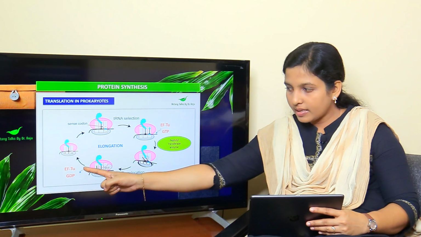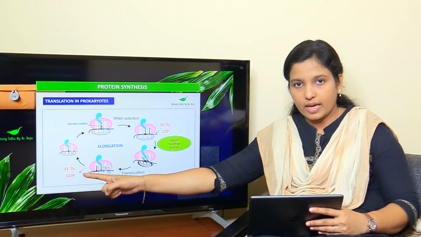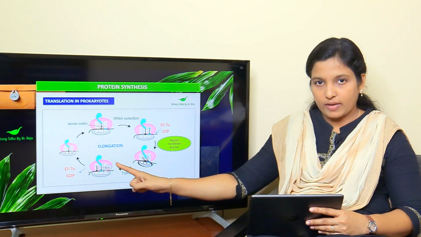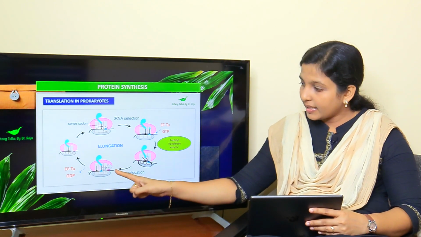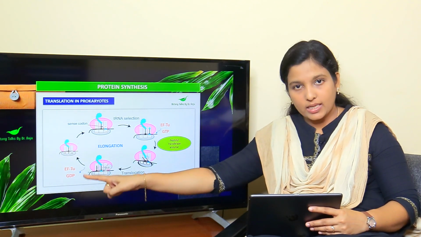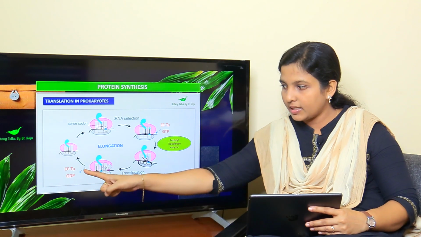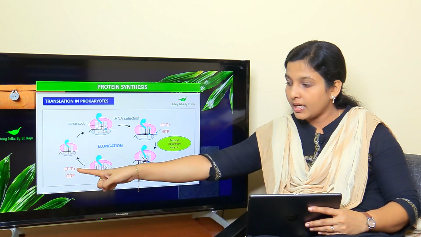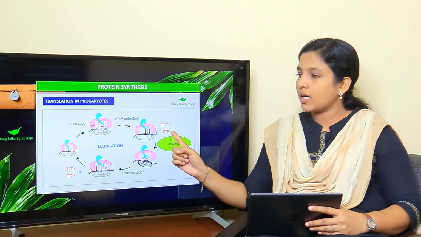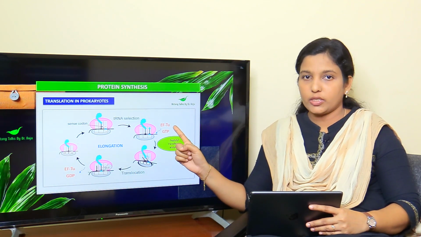But in this condition, it is inactive. So there is another component called elongation factor G, EFG. It can convert the inactive elongation factor TU to the active form. It will attach a GTP molecule to the EFTU and make it active so that it can carry out the next round of elongation phase.